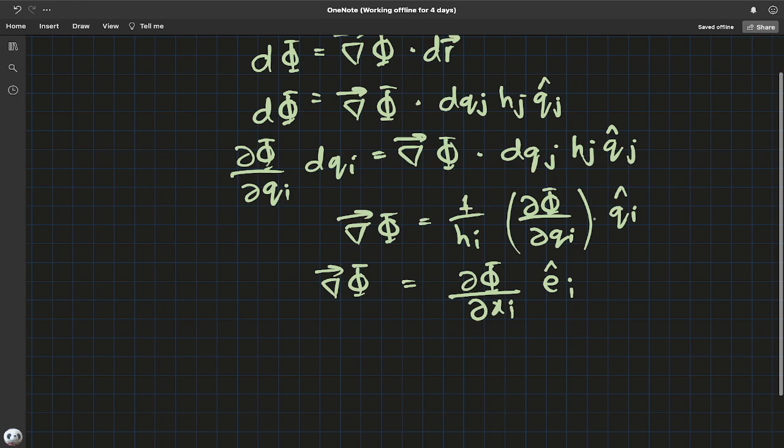And since this is going to be a sum, because we have subscripts here, these scaling factors will change depending on whether you have q1, q2 or q3. So that's just important to keep in mind. We also have these scaling factors. That's what's different about this curvilinear system, which is a general case.